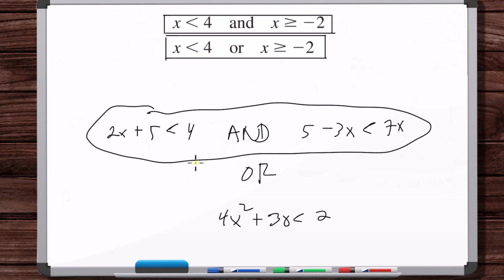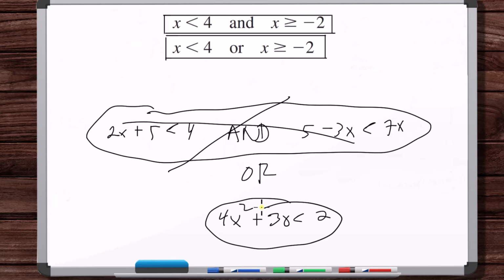You need to find all x values on the real number line that, when you plug them into this, satisfy it, and when you plug them into this, satisfy it. Or maybe it doesn't work in this one at all, but it satisfies this one, then that's a solution. You can't really have these and or criteria with equations. There are not enough solutions; it wouldn't make any sense.